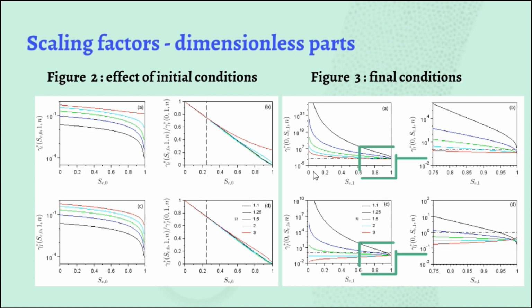You may be surprised by the huge values that we may obtain for these scaling factors, but in fact that's normal. These are representative of the contribution of the capillarity, and of course when you decrease both the initial and final saturation degrees, you boost the effect of capillarity compared to gravity, and then you will boost the values of the scaling factors.